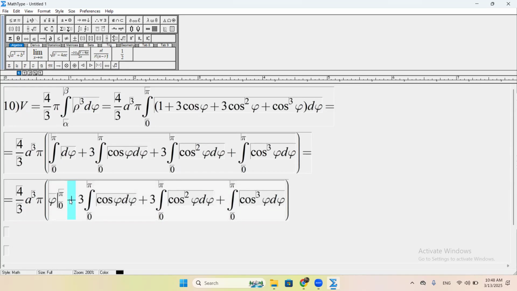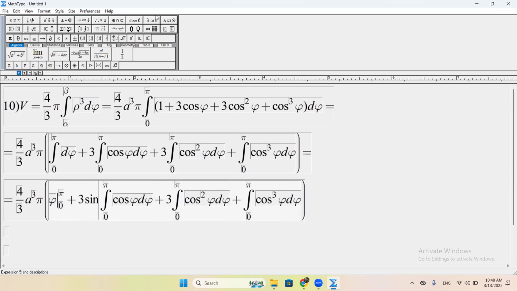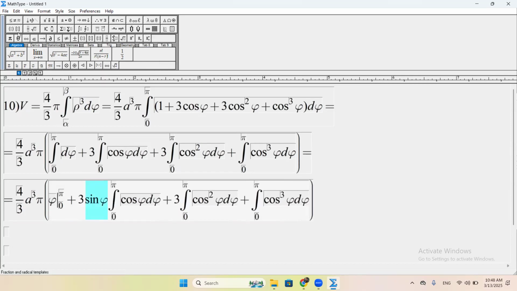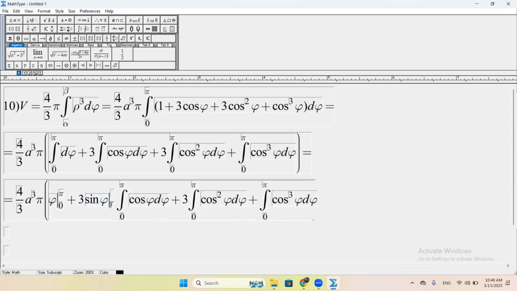This integral is plus 3 sine of phi, and that will actually be eliminated.